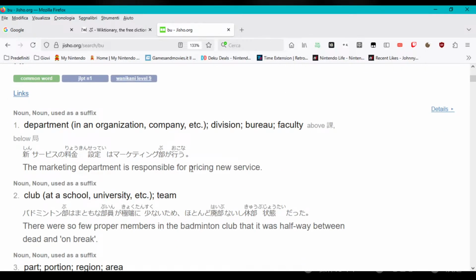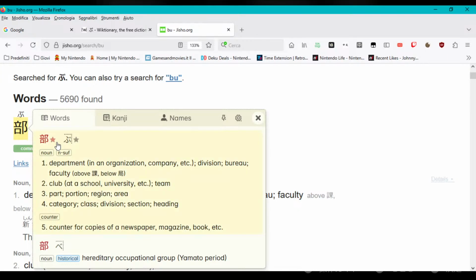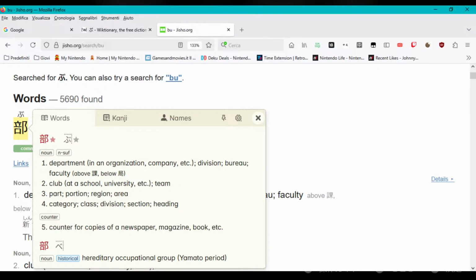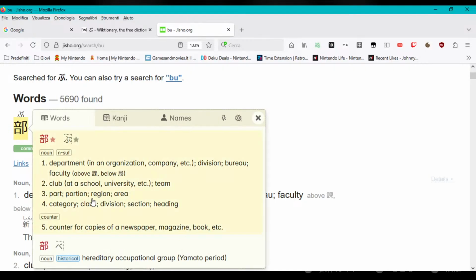Well, for example, we can see this suffix bu, which can be a department in an organization or company. We'll see these kinds of rankings better when the time comes. And also you can see it as in a club at school, at university.